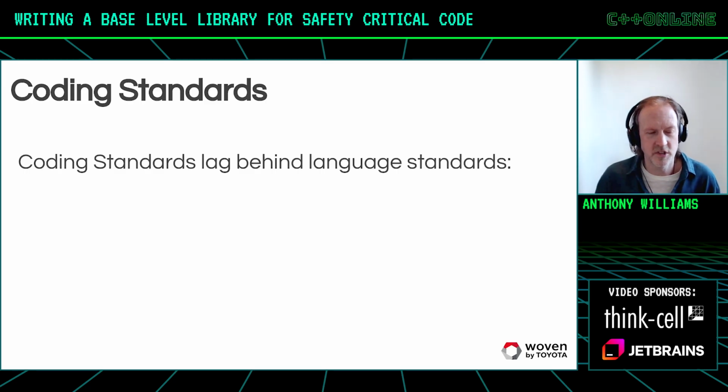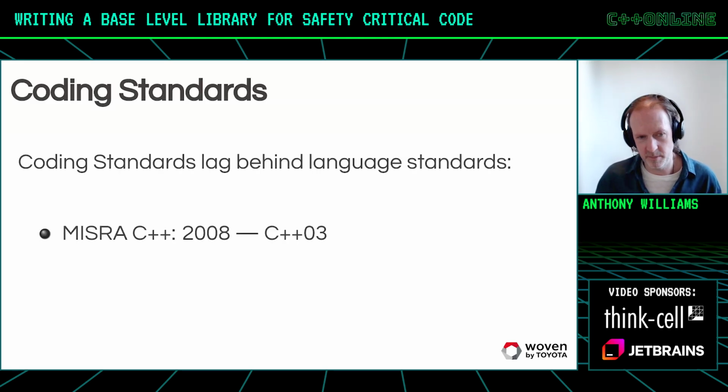Typically, in general, the coding standards are, of course, going to lag behind the language standards. They are developed by the industry after the language standard has been ratified, and people have then had a couple of years of experience using that language standard in order to work out what the pitfalls are.